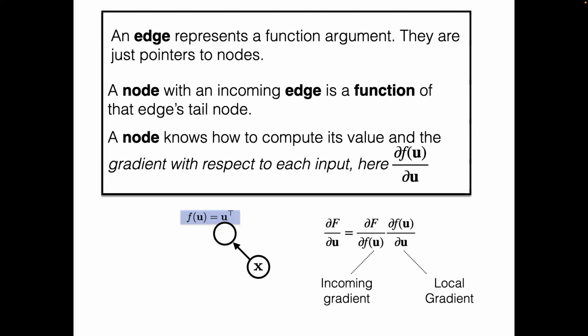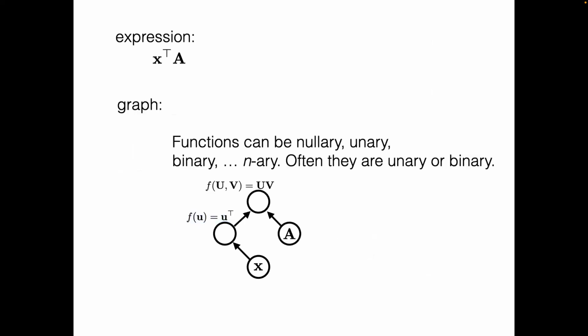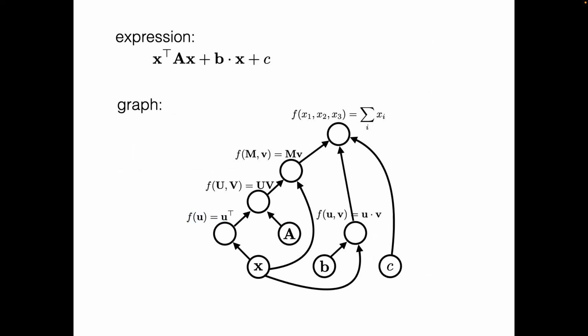If each node knows how to compute its own gradient, then you can take the incoming gradient and chain them together, and ultimately get the full gradient for things deeper in the network. Just to show this here, this expression is now getting more complicated, and here's the graph that corresponds to it.